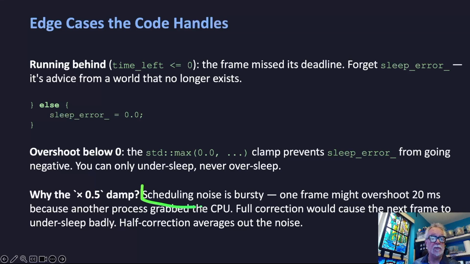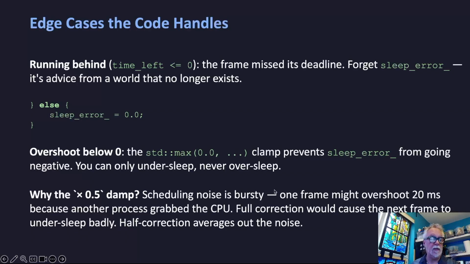The scheduling noise is bursty, so we're going to be conservative. So we basically multiply both the time requested by half and the noise by half, just because these things are fairly random here.